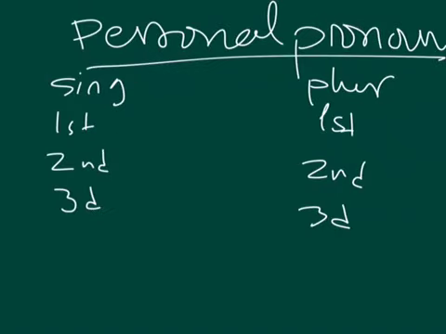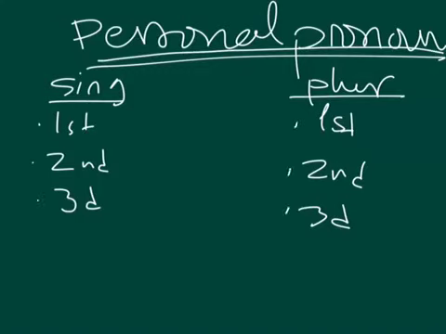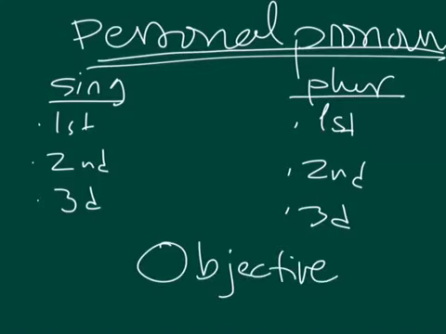So personal pronouns, singular, first, second, third, plural, first, second, third, just like the subjective form, but this time it is objective form. If it's the objective form, it means that someone else is seeing it from their perspective, how they are looking at you.